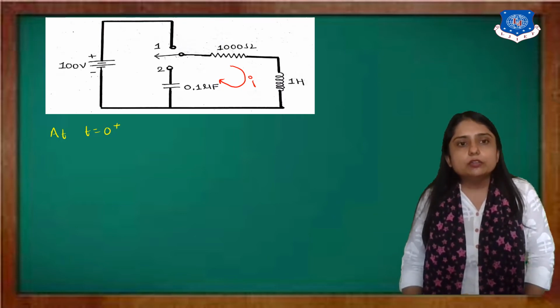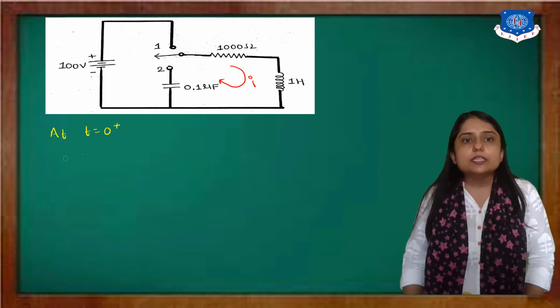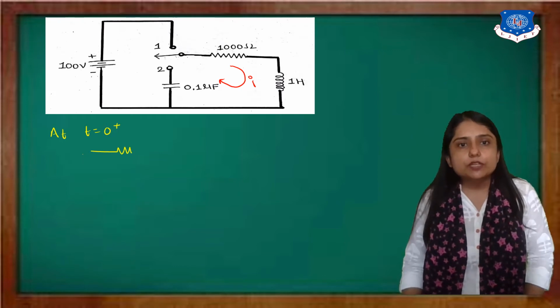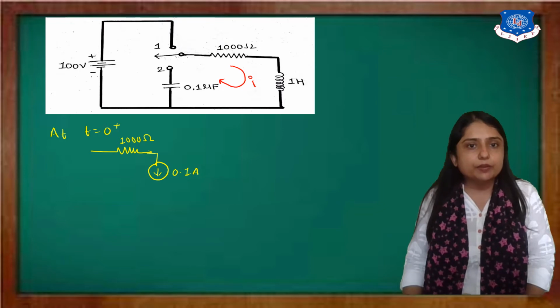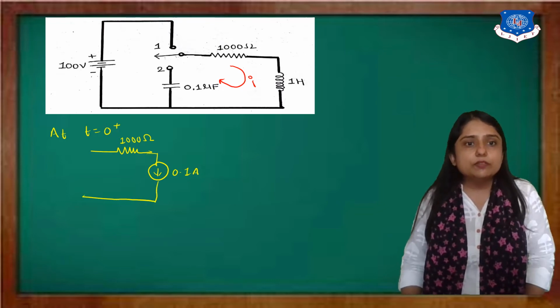Here, first we will see this resistor of 1000 ohm. And we know that the initial current through the inductor is 0.1 ampere. And the capacitor will act as a short circuit. Why?